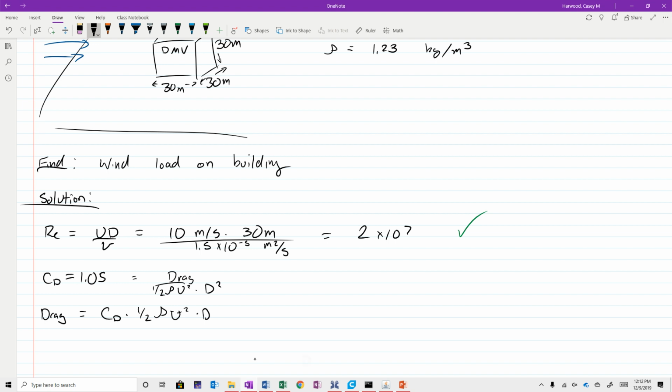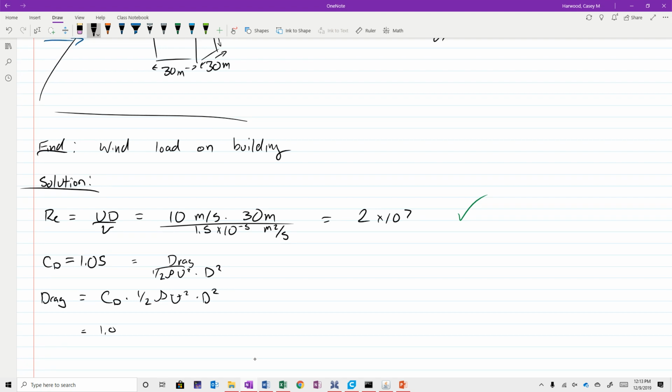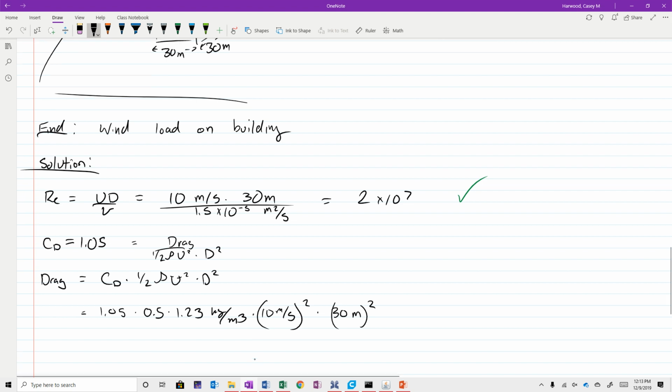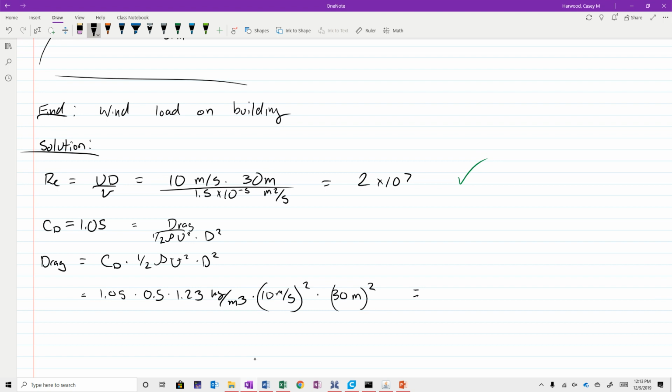Yep, d squared. 1.05 times 0.5 times 1.23 kilograms per cubic meter times 10 meters per second squared times 30 meters squared. And if we plug all those values in, we should get 58,100 newtons.